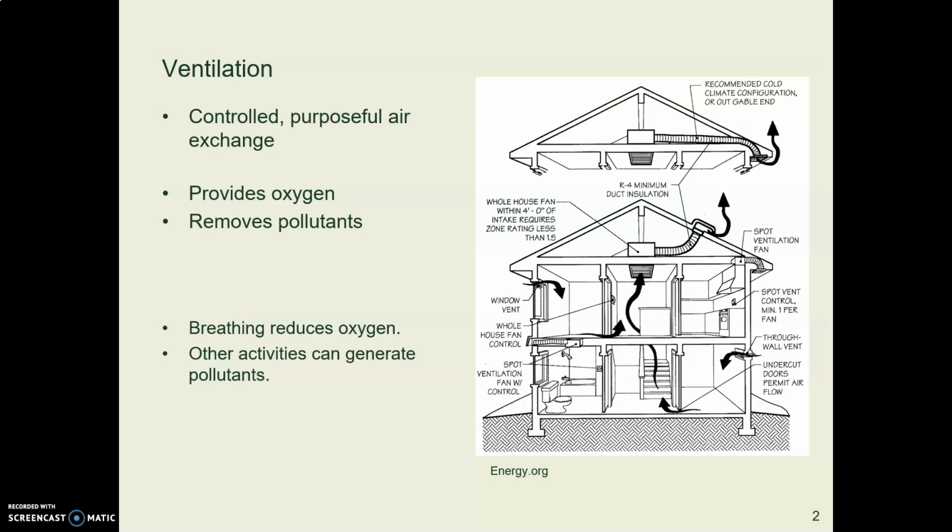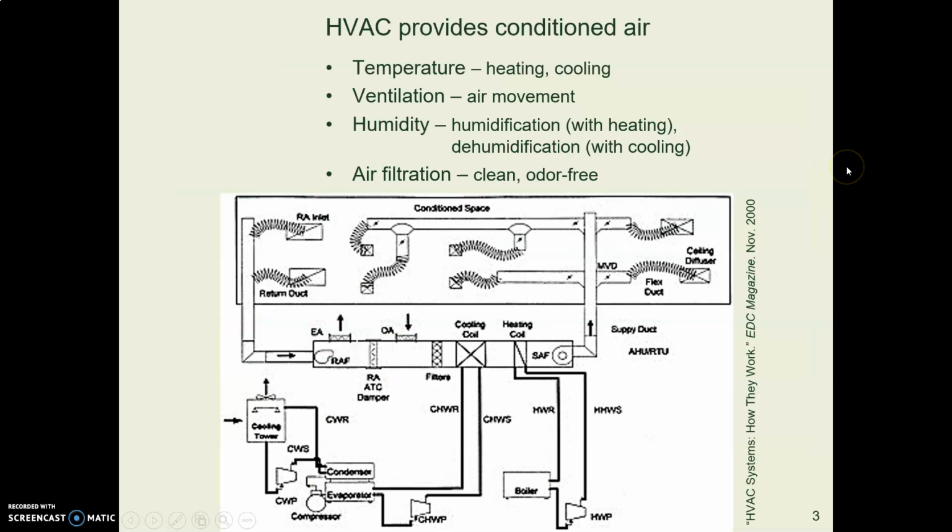As people are breathing, of course, they're breathing in oxygen, breathing out carbon dioxide, and so the oxygen levels in a building can fall. And then we have to worry about all kinds of pollutants, which can be pathogens, dirt, soot, chemicals, so that gets controlled with ventilation as well.